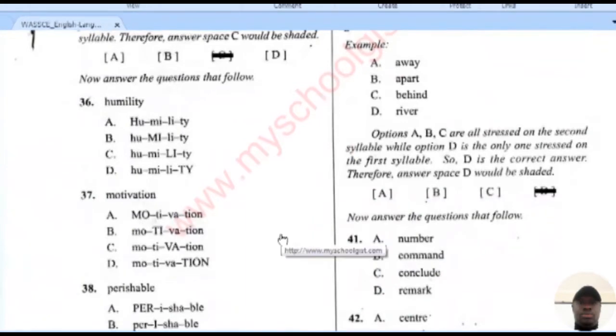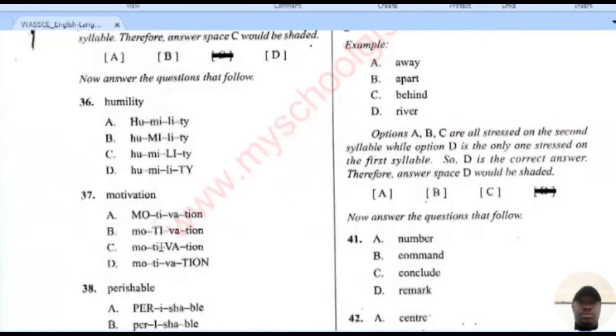Motivation, how many syllables, please? 4. Now, you will look for one. There can only be one primary stress. You can never find 2 in a word, okay? So you look for the one that has the correct stress, which will be written in capital letters. Now, for motivation, the stress is placed on the va.